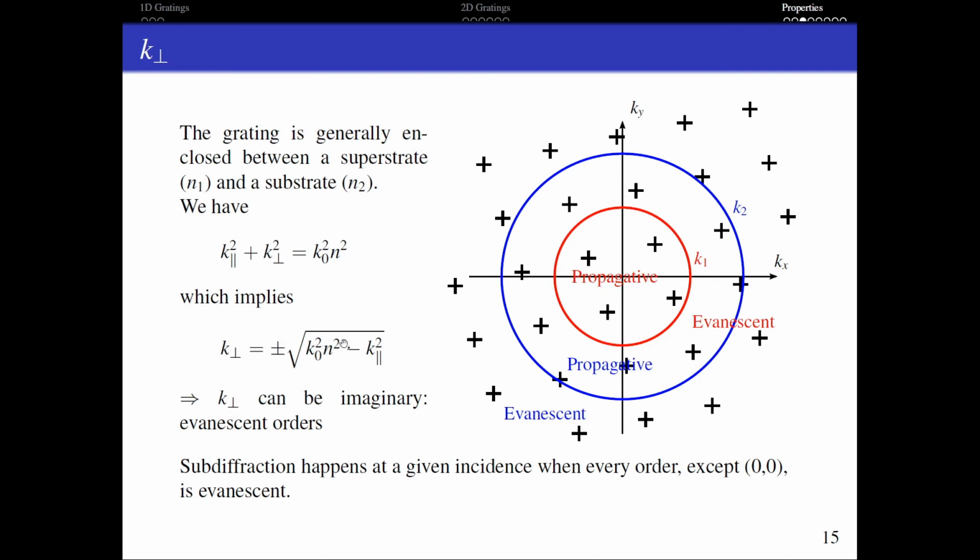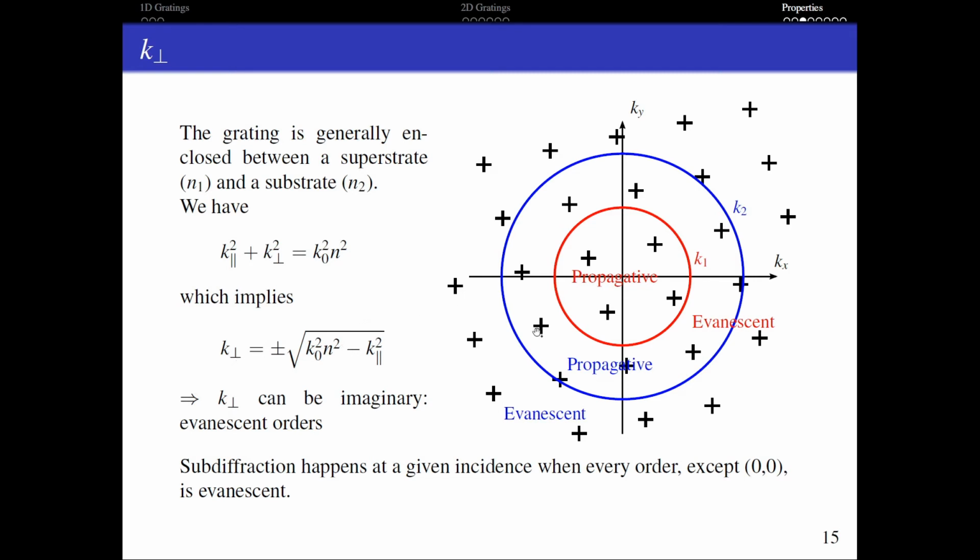Now, we have seen that the parallel components of the k vector can be basically anything, because they can be any point inside the reciprocal lattice, and this goes up to infinity. That means that this term inside the square root can be very, very negative, which implies that the perpendicular component of the k vector can be imaginary.